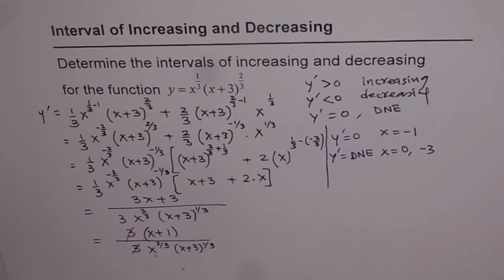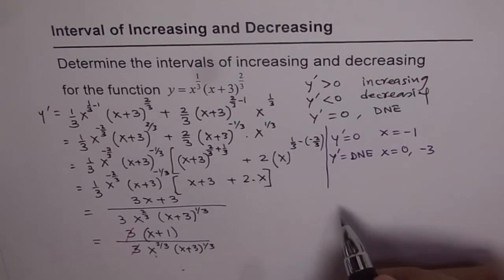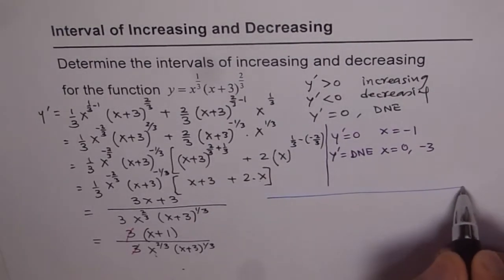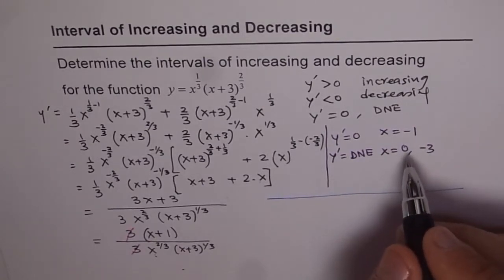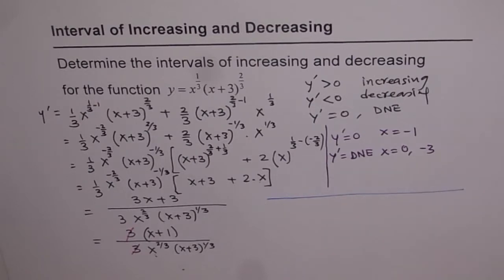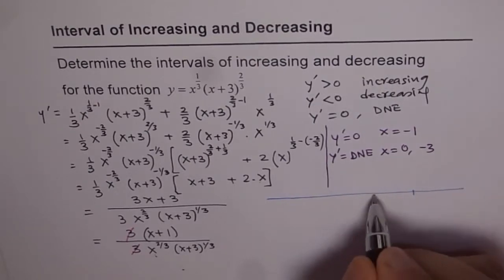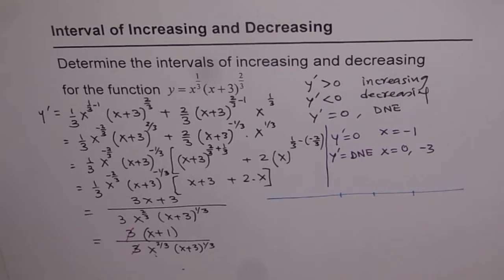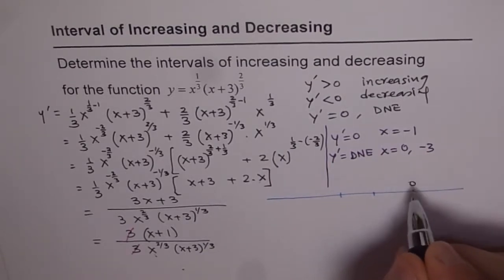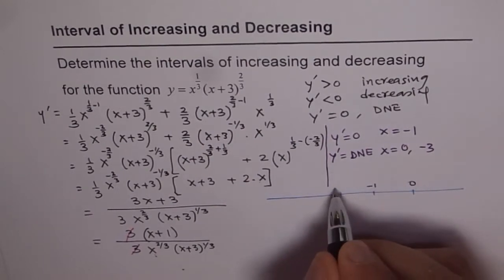Right? So at these points, we have a kind of demarcation of our intervals. Now what we will try to do is analyze either side of the intervals along with these points. So let me draw a number line here. The points of interest are minus 1, 0 and minus 3. So I'll write here, this point for me is 0, the rightmost point, and then I have minus 1 and minus 3.